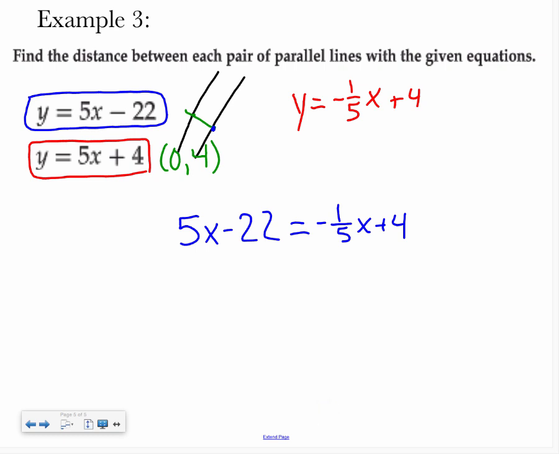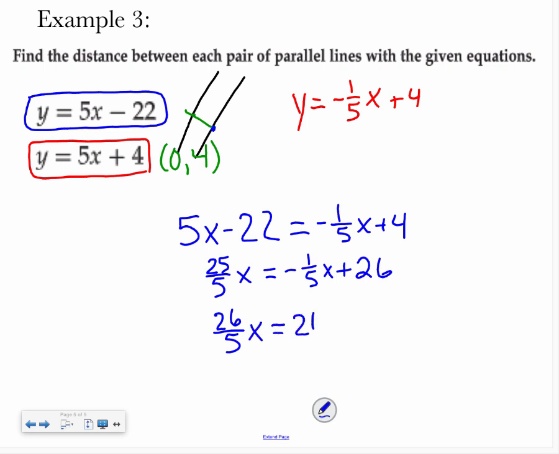So if I solve this, I have 5x equals negative 1/5 x plus 26. And I'm going to get a common denominator between 5 and 1/5. So that becomes 25 fifths. Then if I add 1/5 x to both sides, I'm left with 26 over 5 x equals 26.